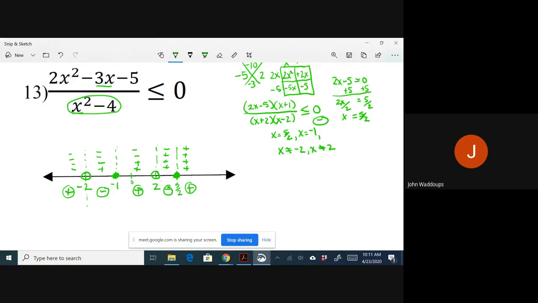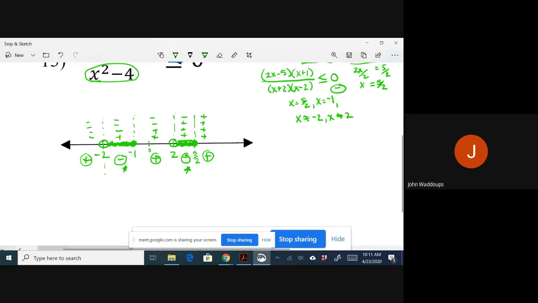So we're looking for the places where it's negative. And that's here and here. So we can fill in the spaces in between for those intervals. And then we can write our interval notation, which would be from -2 to -1.